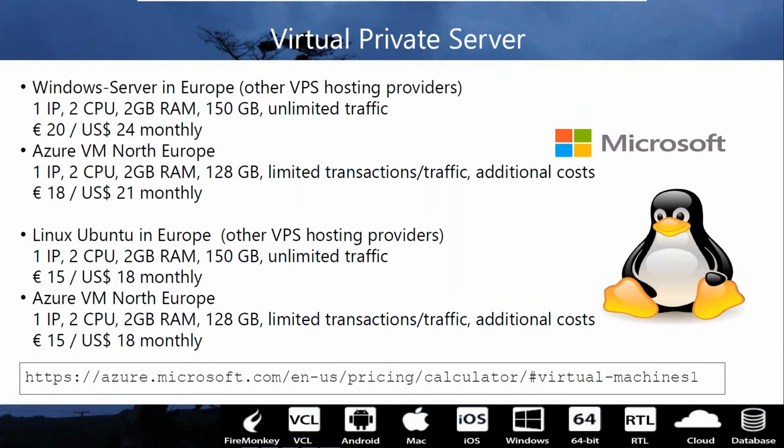For you, that may not be true, so maybe you'll use Azure or something like that. Keep in mind that if you're using Azure or Amazon Web Services, there are some caveats to that, some limited transactions that may lead to additional charges. So make sure that you know what you're doing when you're setting up a virtual machine, because it sounds cheap, just $18 a month or $21 a month for a Windows version.